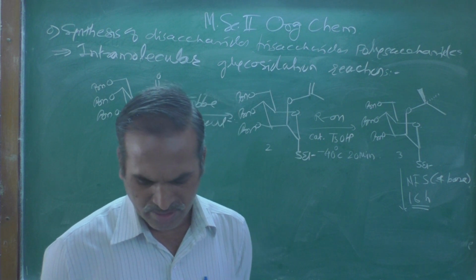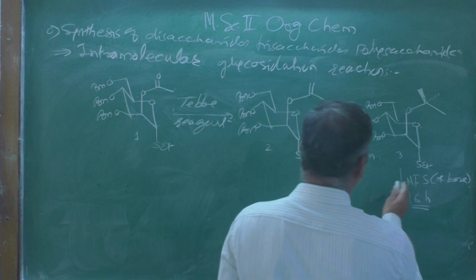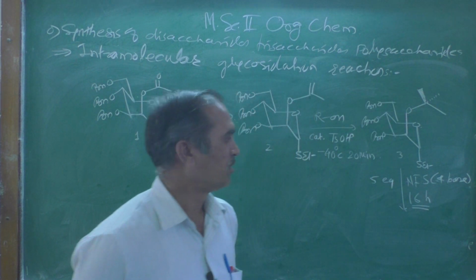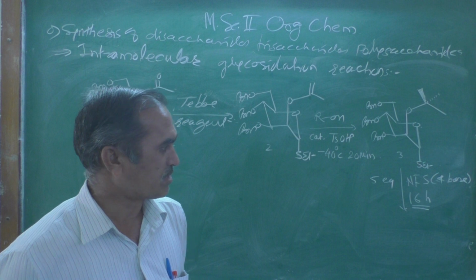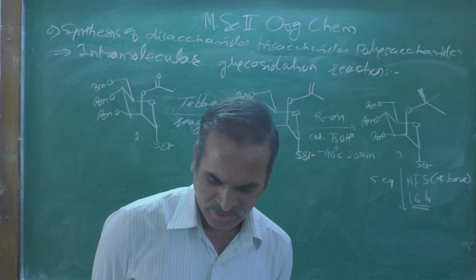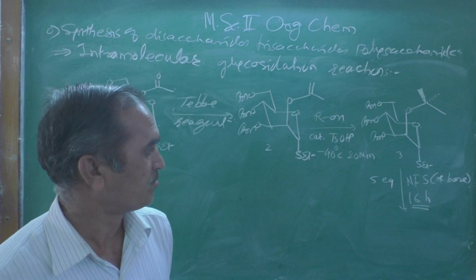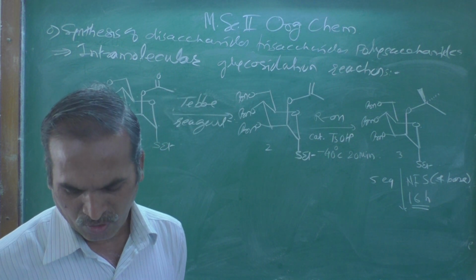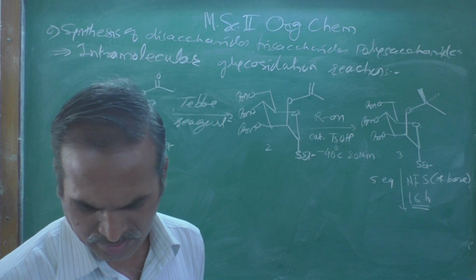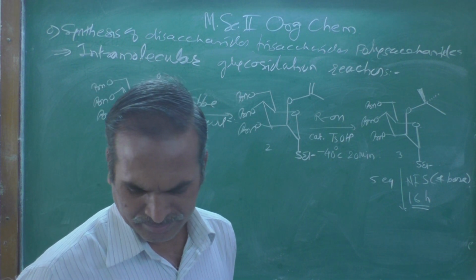Five equivalents of N-iodosuccinimide are used, stirred for 16 hours, and the resulting compound will be obtained as this one.